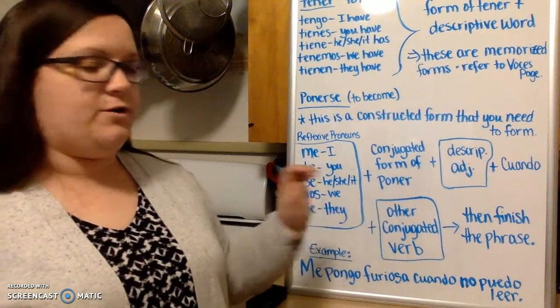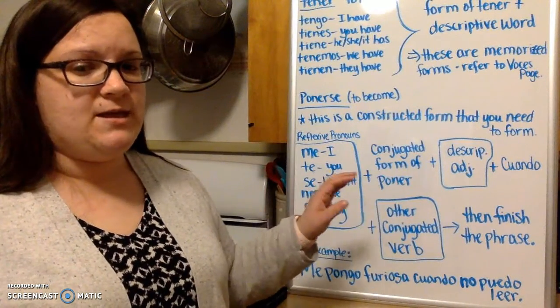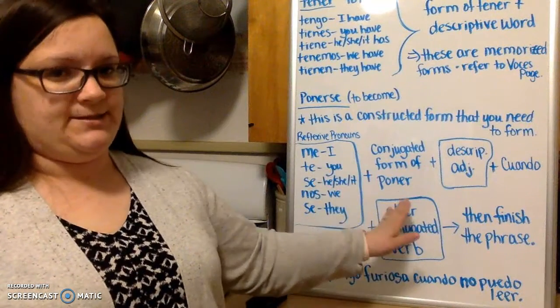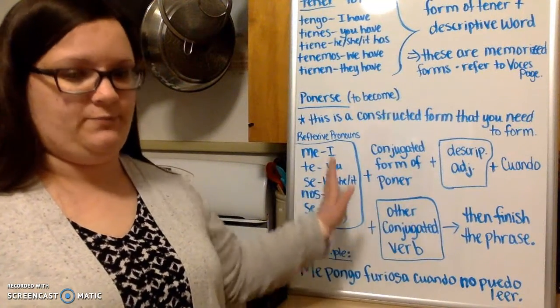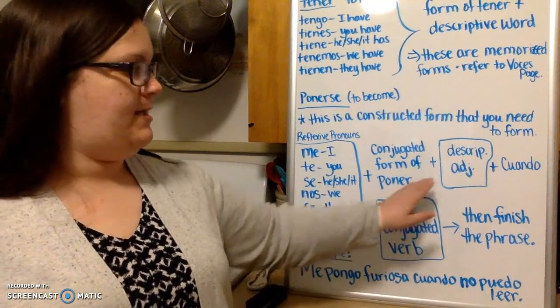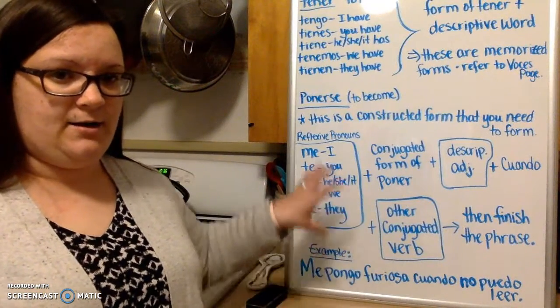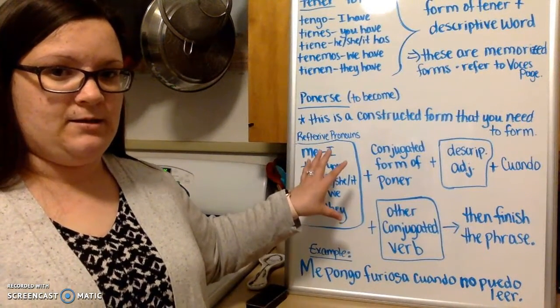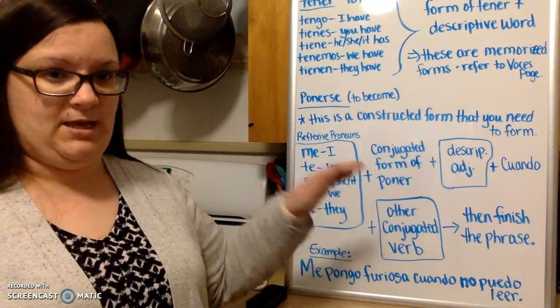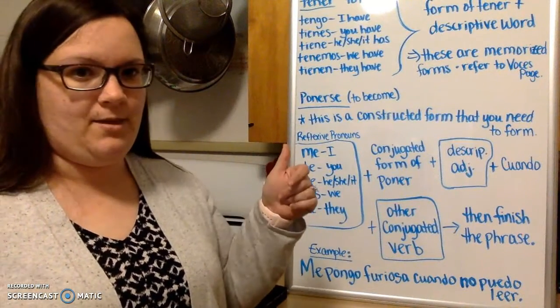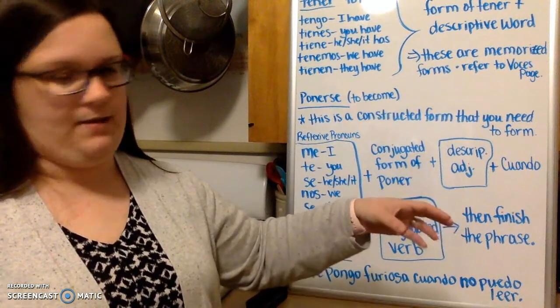Okay. So whatever your form of poner is that you're going to use, you'll put that after your reflexive pronoun. So reflexive pronoun, form of poner, and then we need our descriptive adjective. So right now we've said something makes me become fill in the blank, okay?